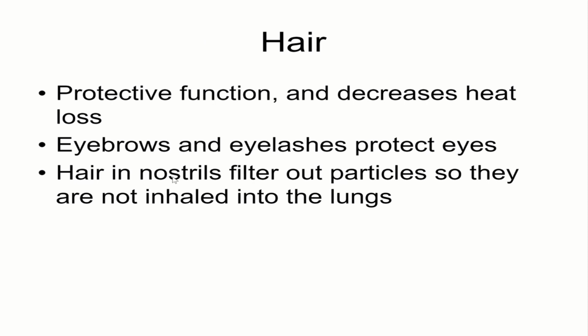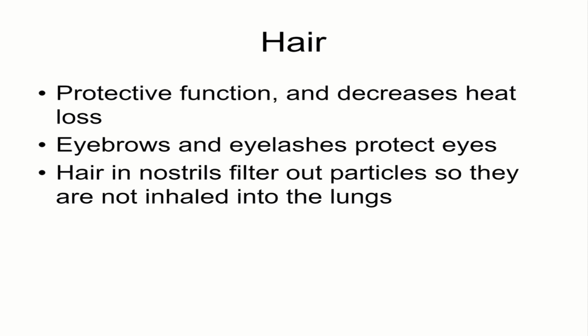Hair, probably pretty familiar with this. It serves a protective function, and it decreases heat loss. So it actually helps provide some covering in certain parts of the body in order to provide protection.